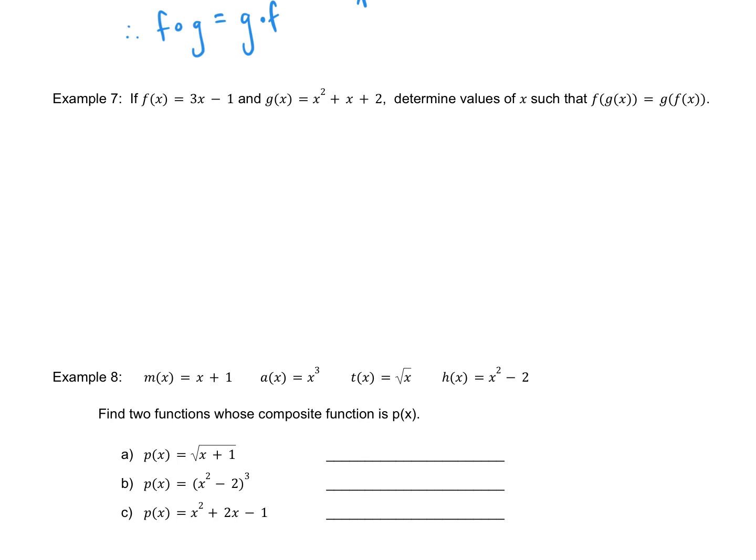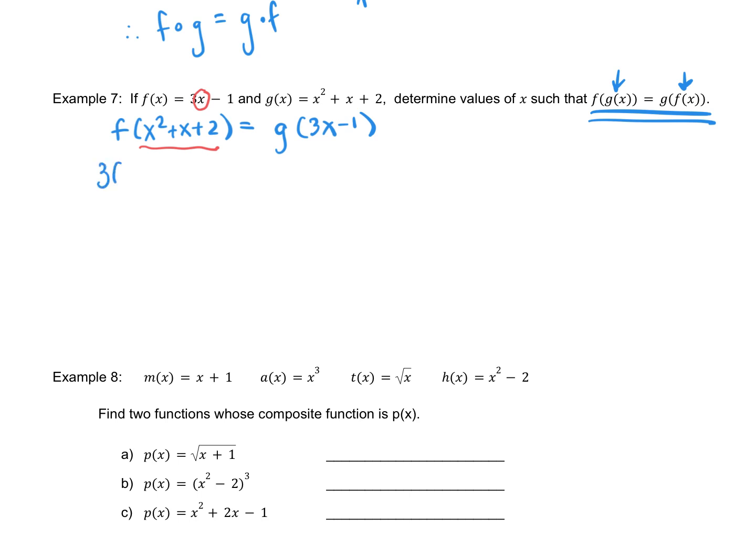So f of g of x means f of x squared plus x plus 2. And then g of f of x means g of 3x minus 1. So I'm just rewriting this, but putting the inside functions in the bracket. Now I can see this has to replace this x value in function f.